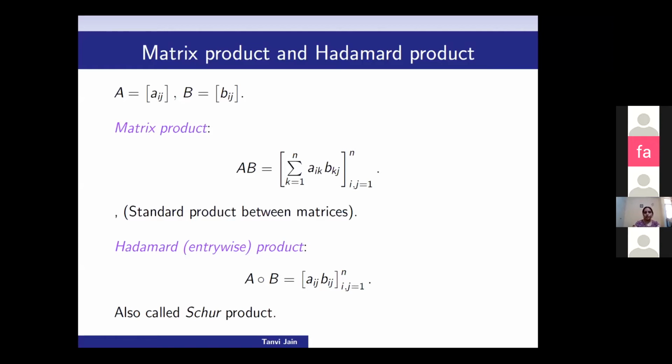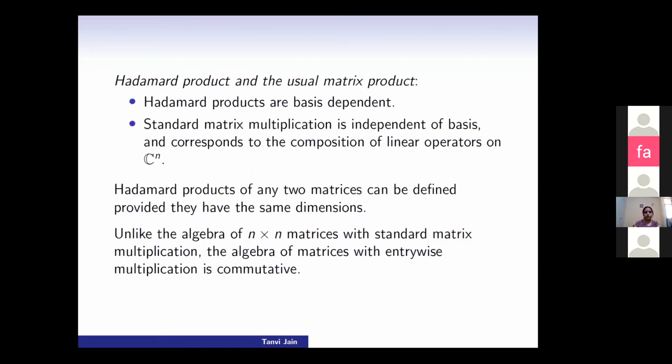The reason being, when we study linear algebra, we are not studying just matrices, but we are also looking at matrices as linear operators. If they're square, on C^n, or from C^n to C^m, they are linear operators. The standard matrix multiplication corresponds to the composition of operators, so that connects us to functional analysis and operator theory.